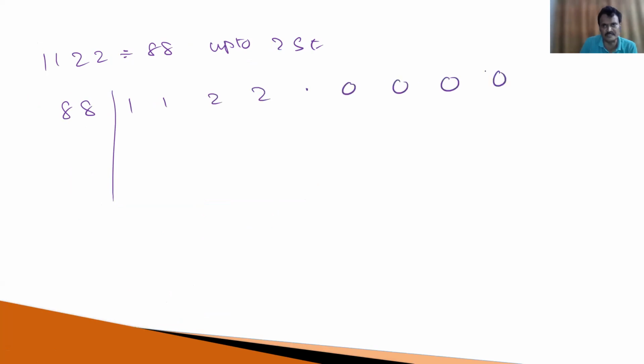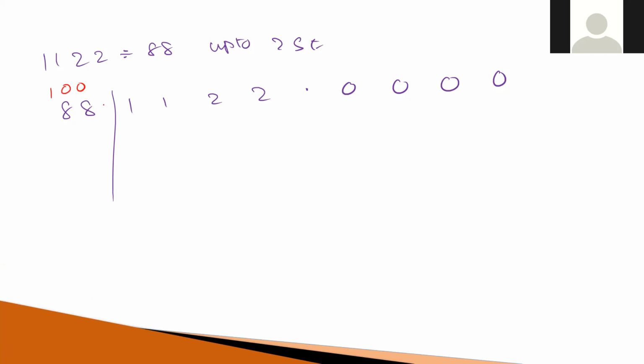1122 divided by 88, you should find out up to 2 significant figures initially. 8, 8, 1, 1, 2, 2.000. No need to break this number. Why? Because we don't want to find the remainder. We want to find the exact answer, right? Now, what is the nearest base of this number, Raman? 100, sir.